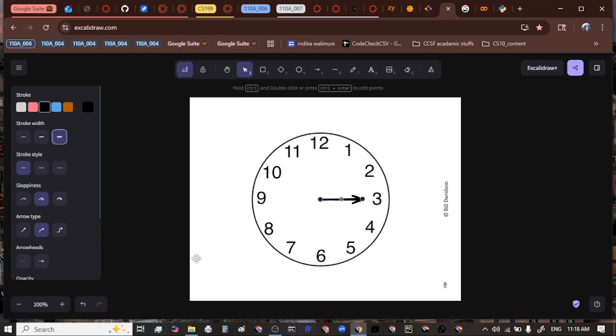Yeah, at 12, right? Minute hand should be at 12. So every start of the hour, minute hand at 12, right? So let's draw that. Okay. So by drawing this diagram, you will see it's going to unravel a lot of things. So this is the minute hand.